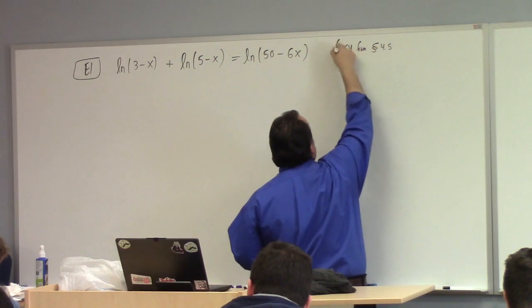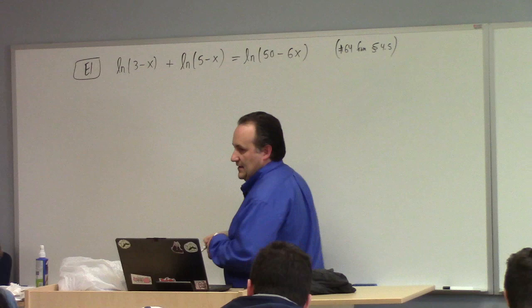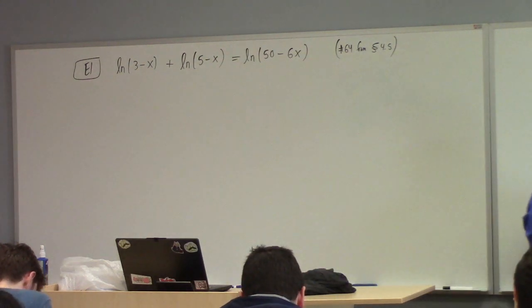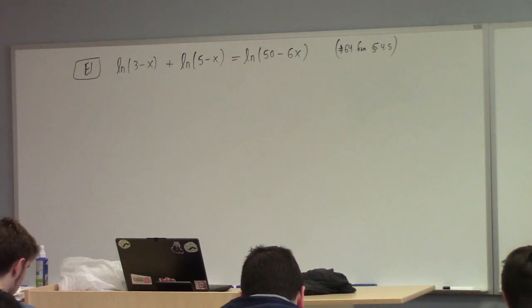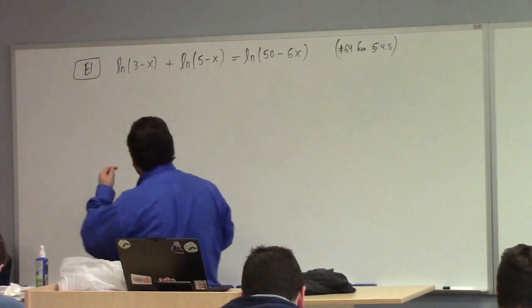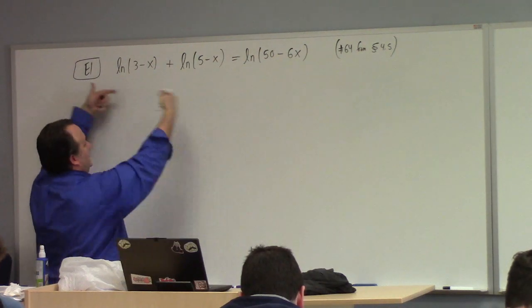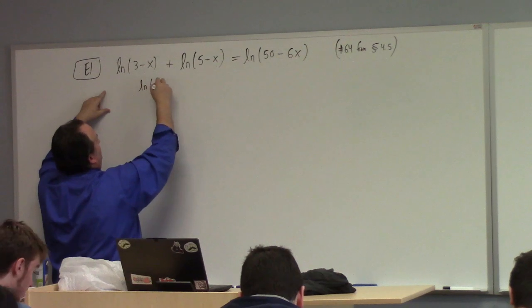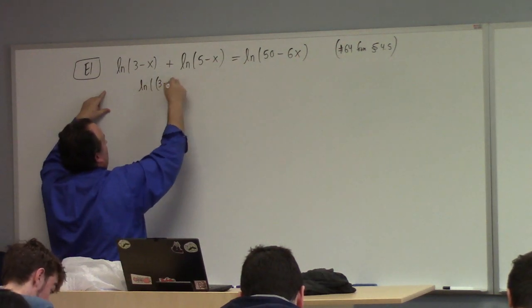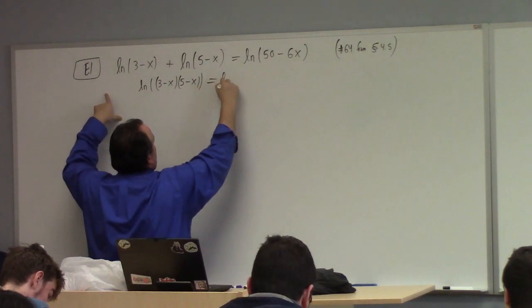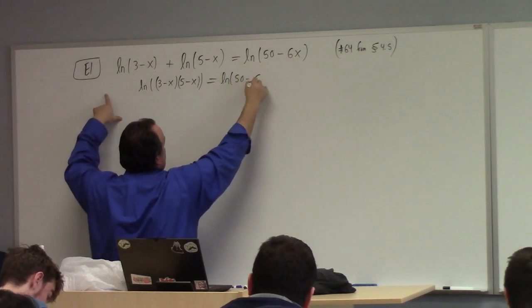If you're wondering, section 4.5 has logarithm equation problems. We've done these before, right? Let's see if we can do this one. So what should we do? I'm going to start by combining these to natural log of 3 minus x times 5 minus x equals the natural log of 50 minus 6x.